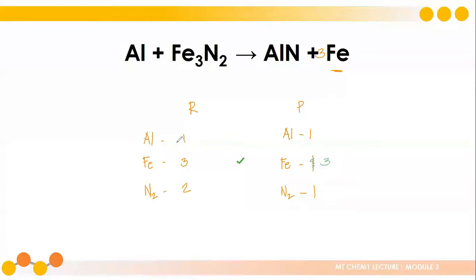Let's proceed with nitrogen. Same with iron, we will be adding to the nitrogen on the product side, because nitrogen on the reactant side is already 2, so we have to add on the product side because we cannot subtract.